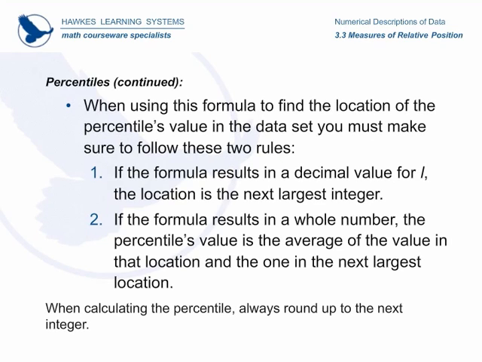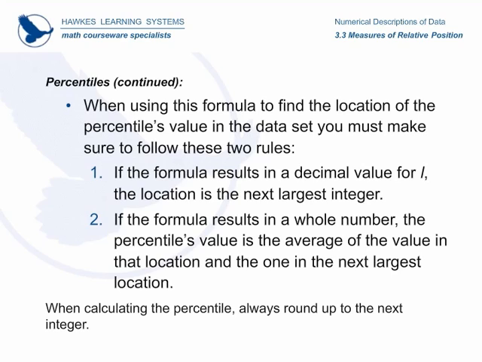Rule number 2, if the formula results in a whole number, the percentile's value is the average of the value in the location and the one in the next largest location.